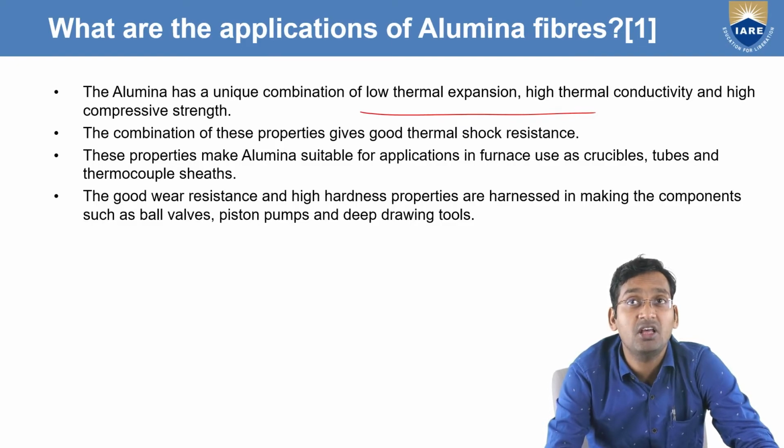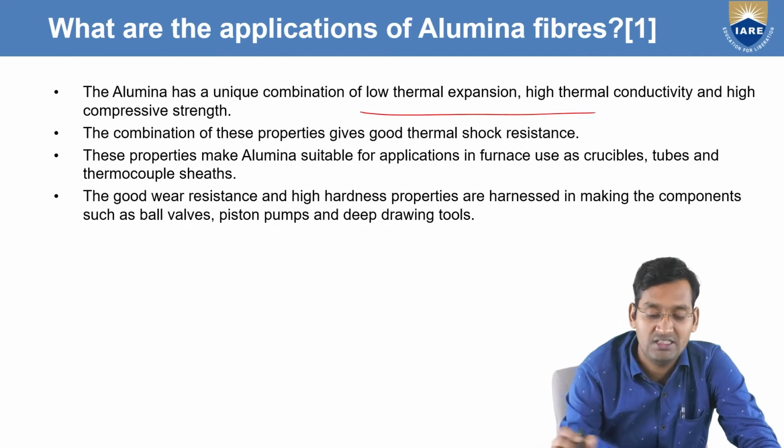These properties make alumina suitable for furnace applications as crucibles, tubes and thermocouple sheaths. The good wear resistance and high hardness are used in making components such as ball valves, piston pumps and deep drawing tools. So in these cases we are using alumina.